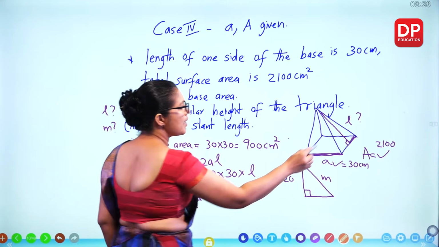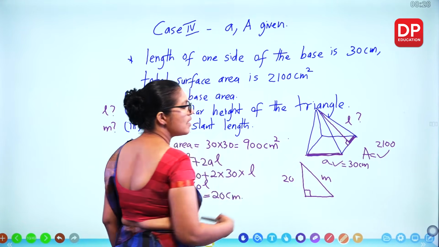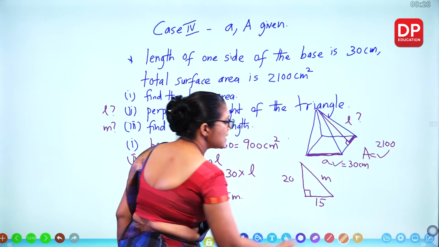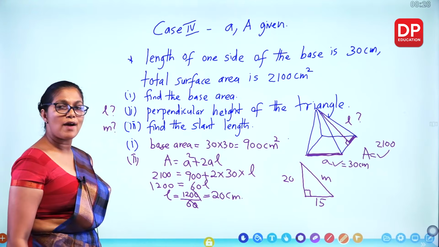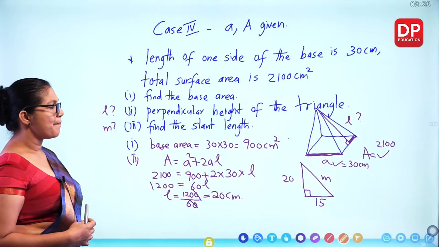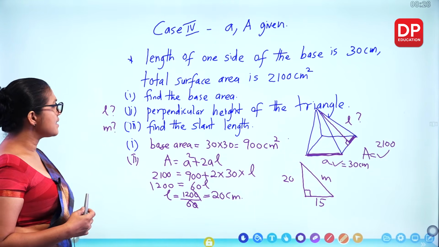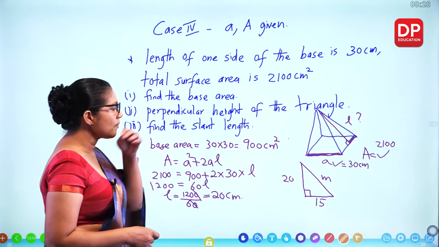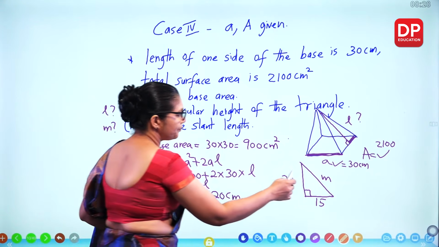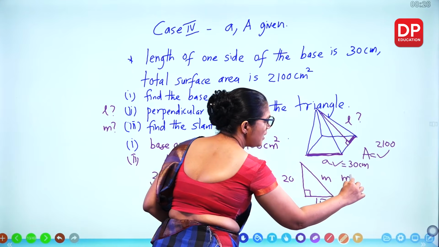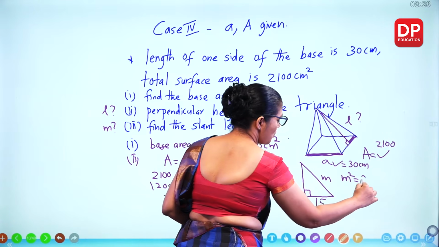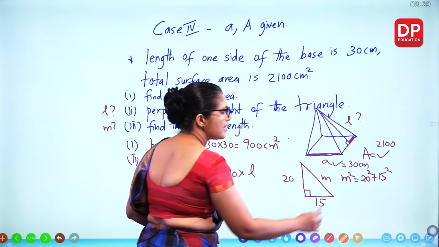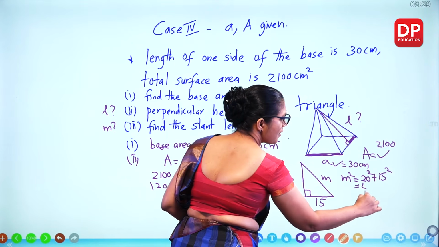And what about this one? This is half of the base length. 30 divided by 2, this is 15. So you have to find out the value of m. Again, we'll use Pythagoras theorem for that. m squared is equal to 20 squared plus 15 squared. 20 squared is 400.